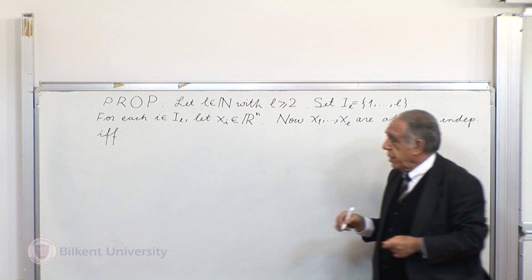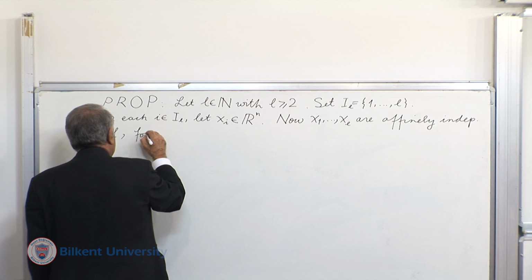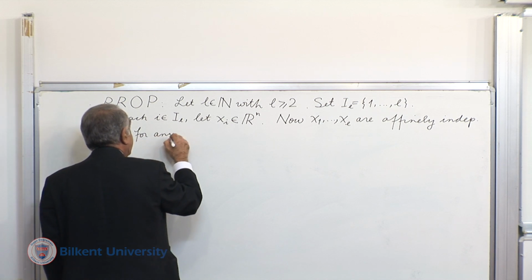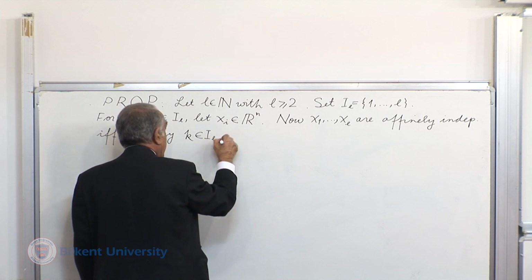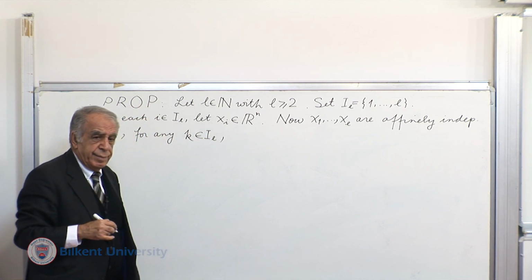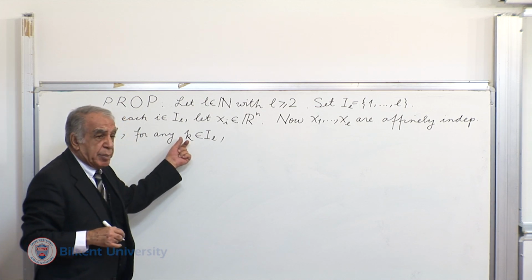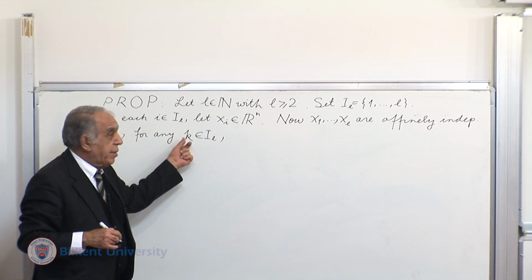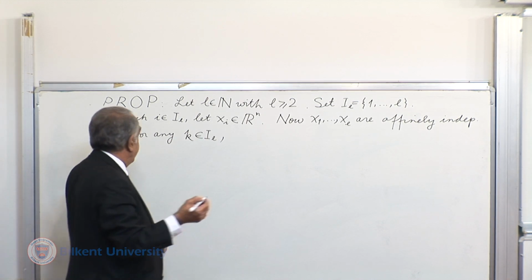Now, what was the condition here? For any k in IL, I subtract x sub k from all the x sub i's when i is different than k.